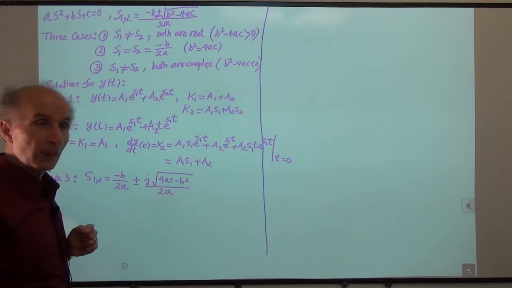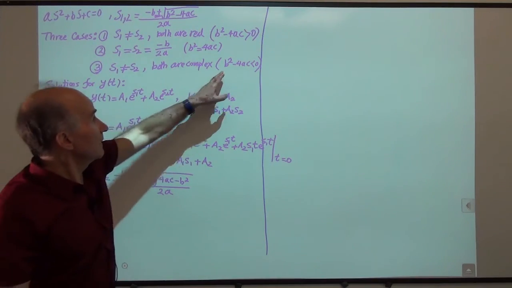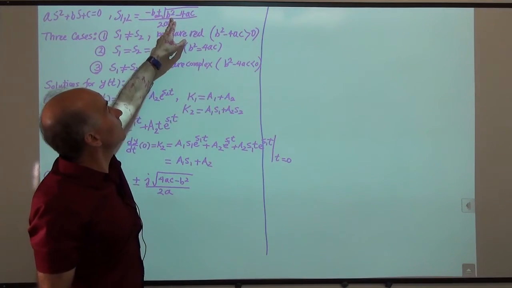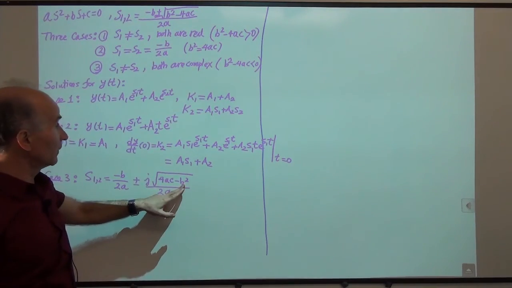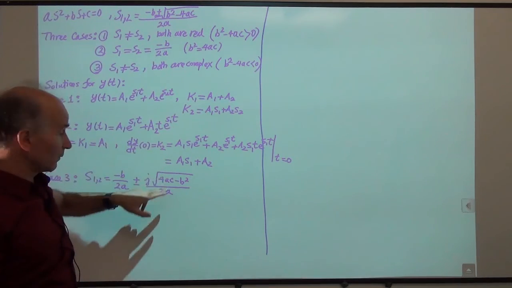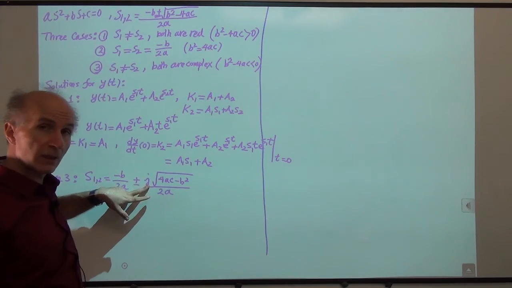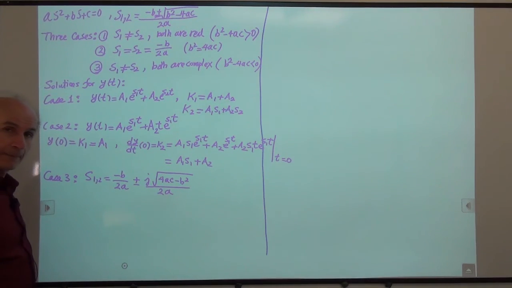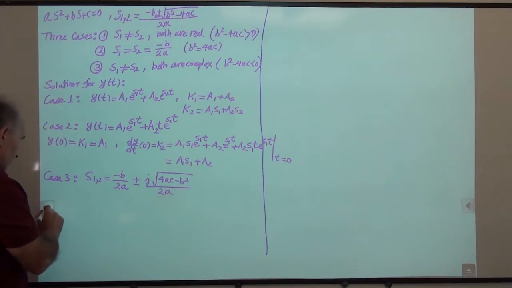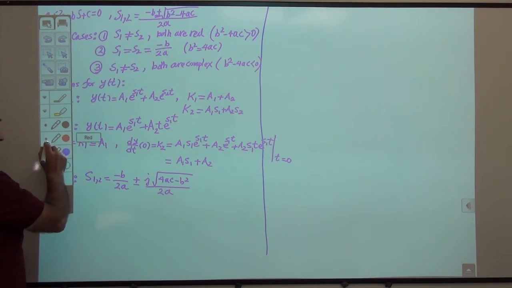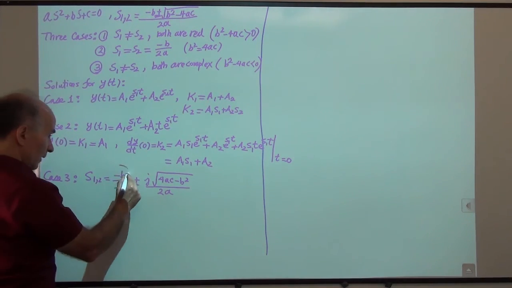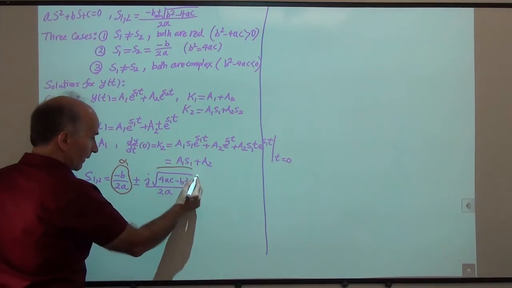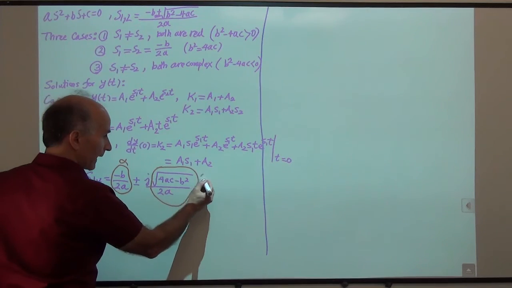What just happened? Well, because this is negative, I'm going to factor a minus 1 out of this square root. So I wrote that as 4ac minus b squared. And square root of minus 1 is denoted by j in electrical engineering, not by i. And then I just wrote those two a's here. So I'm going to give these some names to simplify the situation. We're going to call this alpha, and we're going to call this omega.